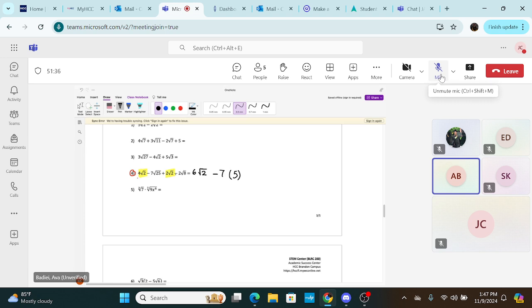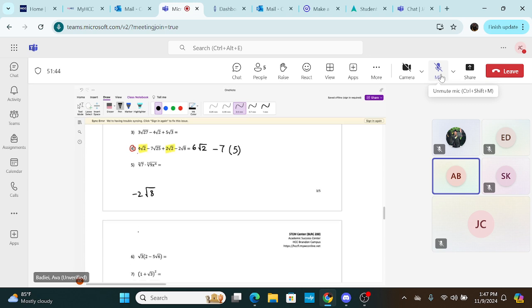Now for negative 2 square root of 8, I'm going to write it here. Again, 8 is 2 to power 3. So this is the square root of 2 to power 3. Again, index is 2, power is 3. So I'm just going to rewrite this a little bit. Say this is 2 to power 2 times 2.